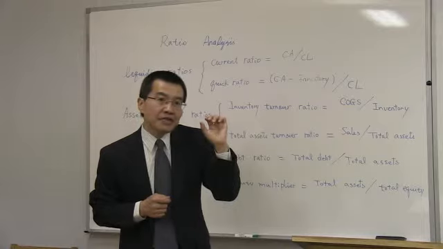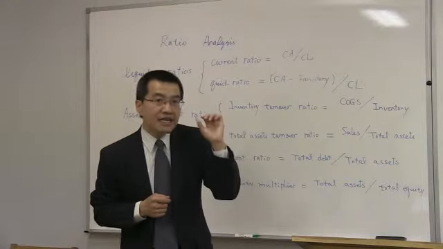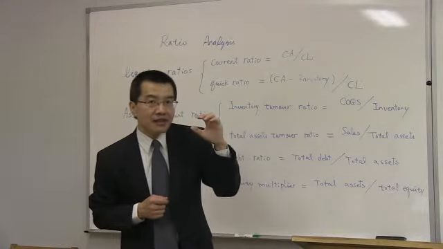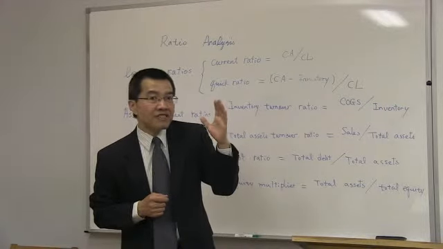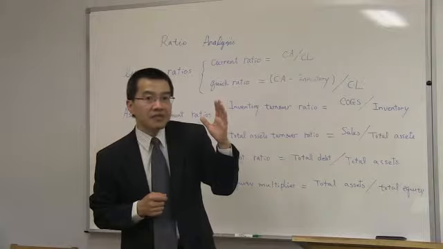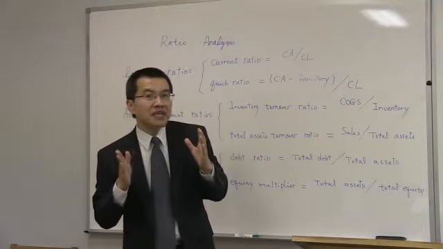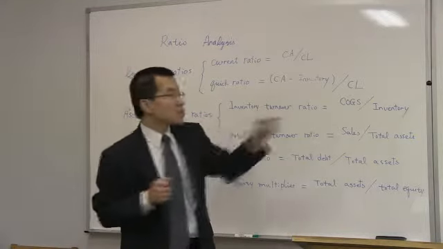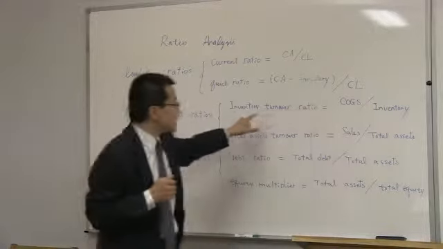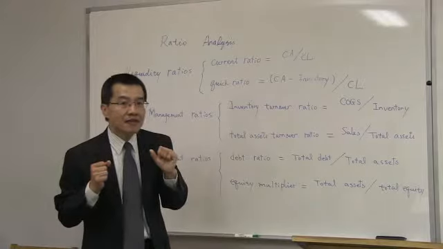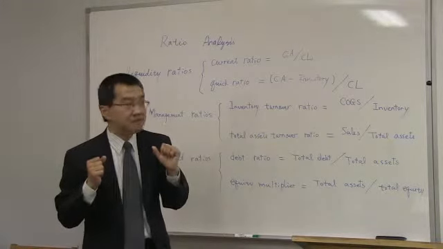If they replace their inventory frequently, that indicates they use their assets more efficiently. Because their inventory stays there just a short while, then quickly it is sold out. So the company does not need a lot of space to store inventory, and does not need to keep a lot of inventory. That indicates the company uses its assets very efficiently.